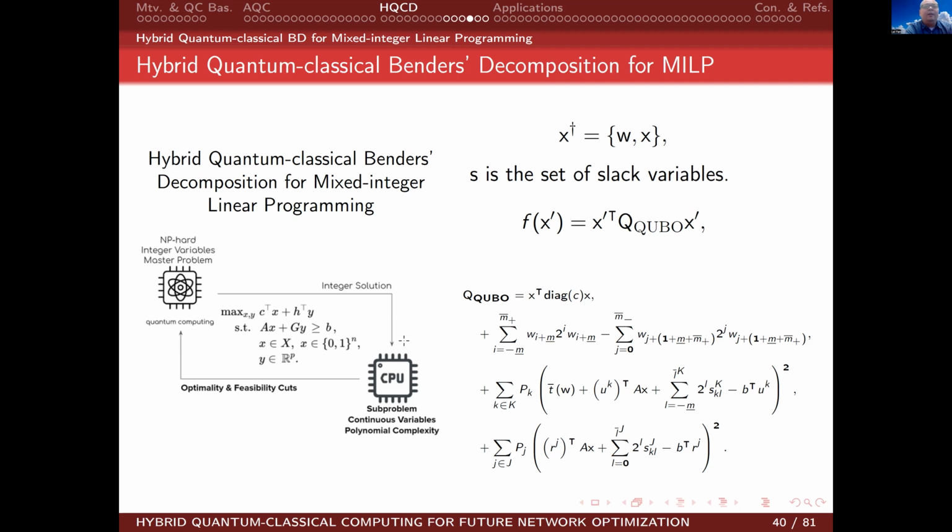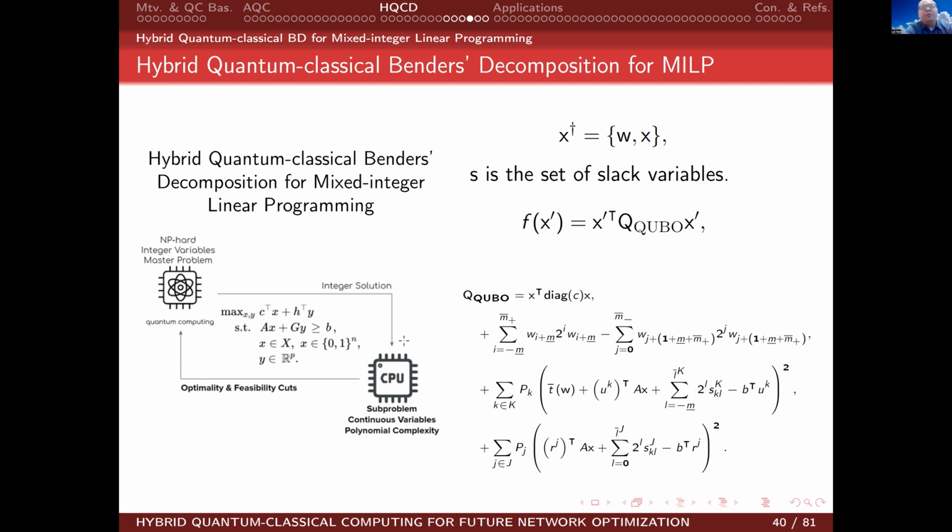And the master problem is very close to a pure binary constrained optimization problem. We have a continuous variable T, and we replace this T with a binary representation, so that this problem is a pure binary optimization model.